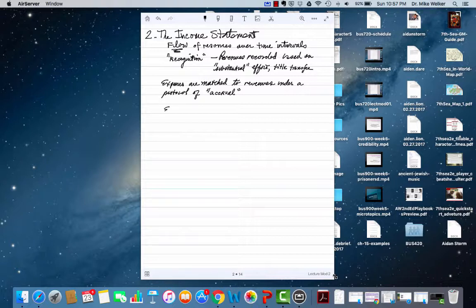And what we get then, of course, after we've figured out revenues and expenses, is we identify earnings. Famously, it's called the bottom line. The bottom line is the difference between the revenues and the expenses. So it's total revenues minus total expenses.